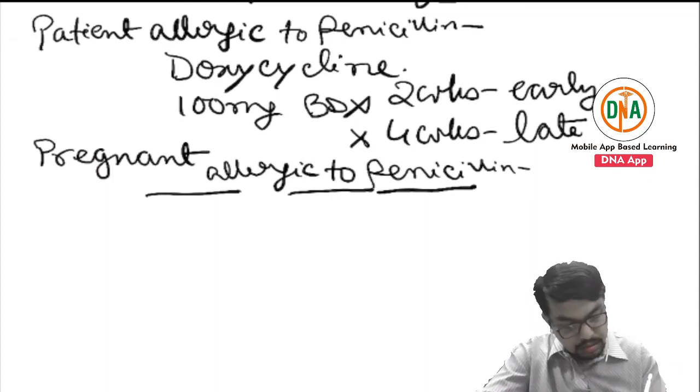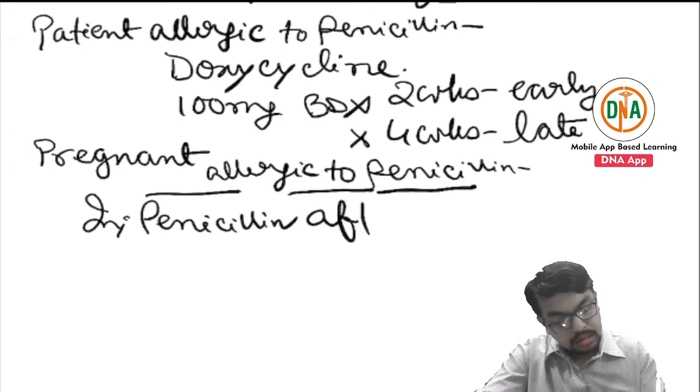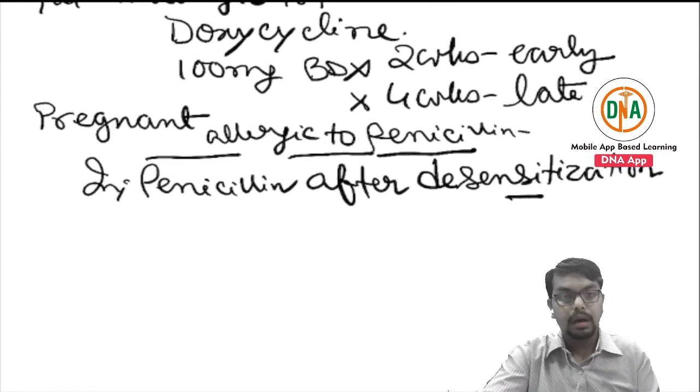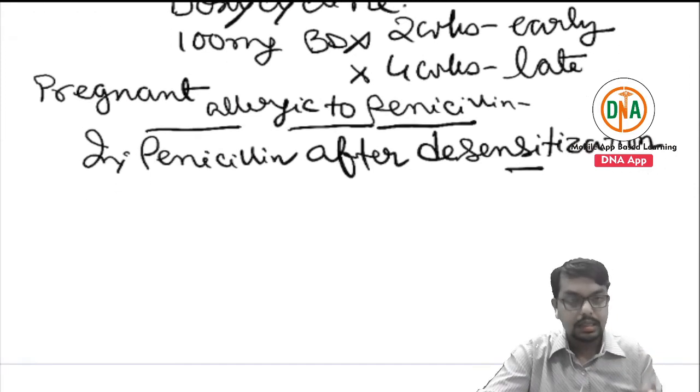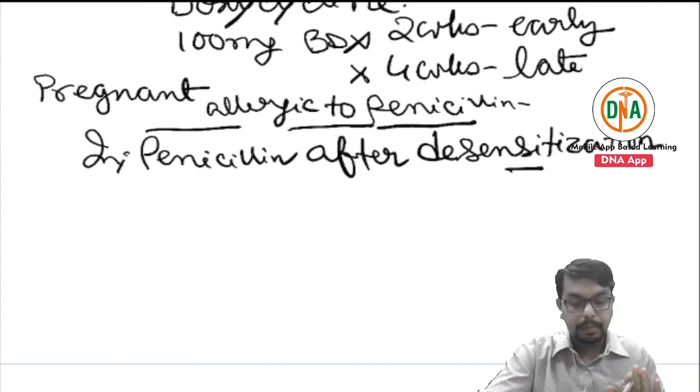We give penicillin after desensitization. That is, very small doses are given again and again repeatedly, so that there will be desensitization from the penicillin allergy. Then we give the full dose of penicillin in the pregnant patient.